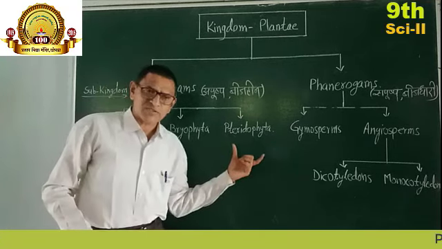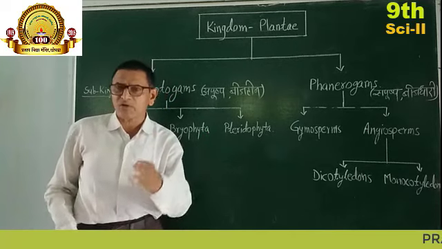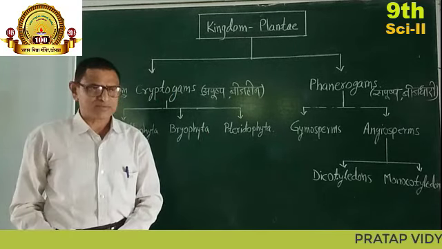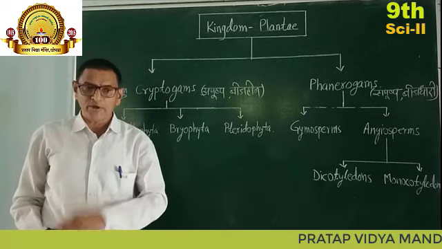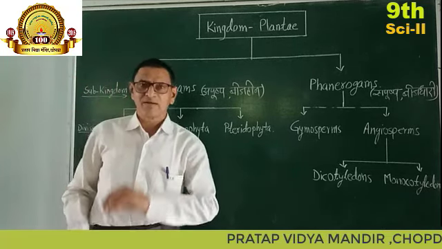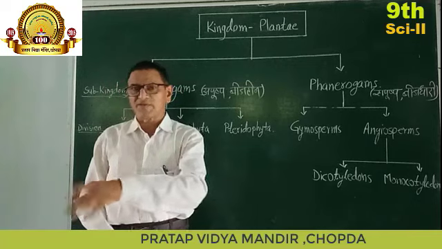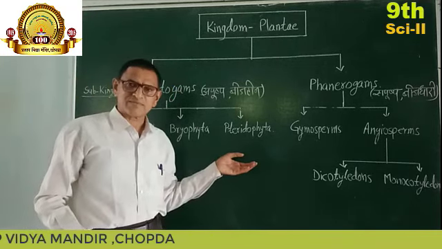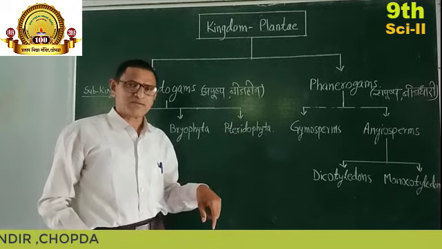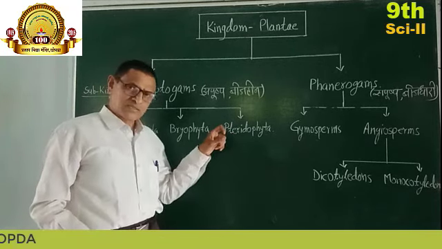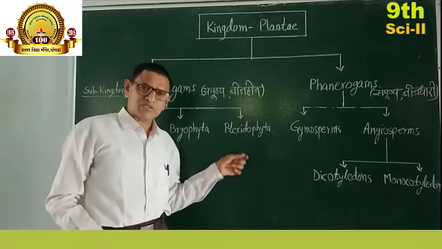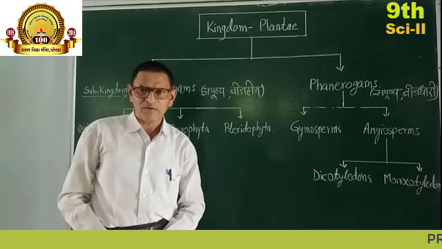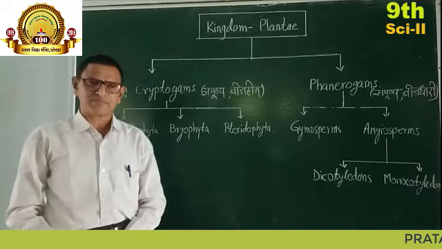These pteridophytes reproduce asexually with the help of spore formation and reproduce sexually with the zygote formation. Actually, these are non-flowering plants, but these plants reproduce sexually also with the zygote formation.